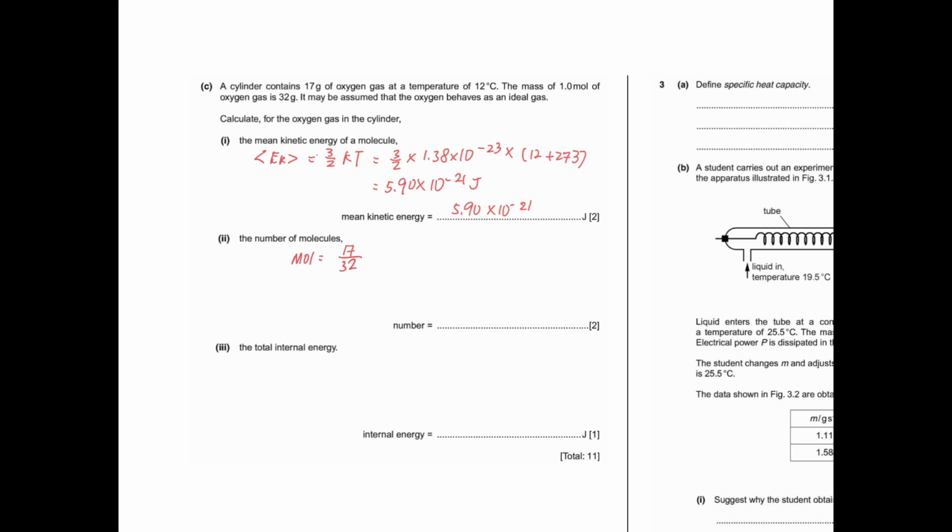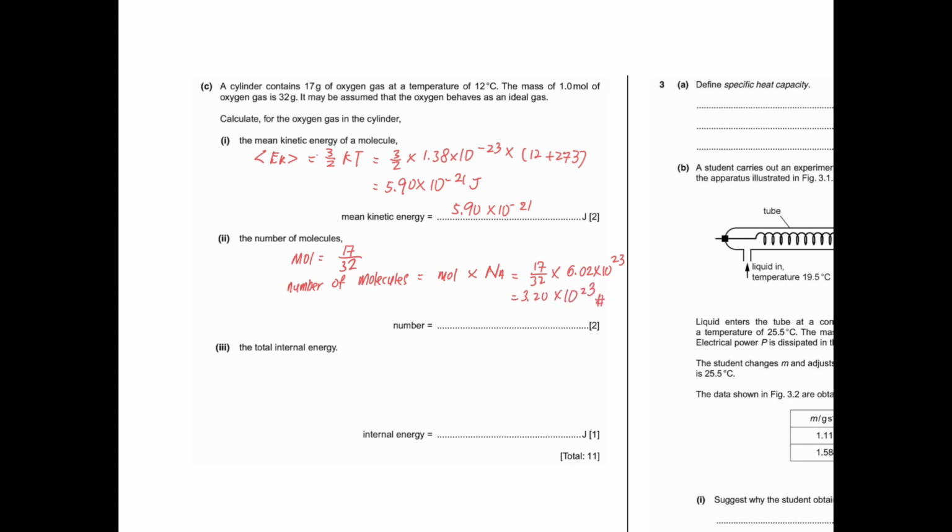So once you get the mole, number of molecules equal to mole times Avogadro, so equal to 17 over 32 times 6.02 times 10 to the power of 23. This is Avogadro. Then you will get 3.20 times 10 to the power of 23.